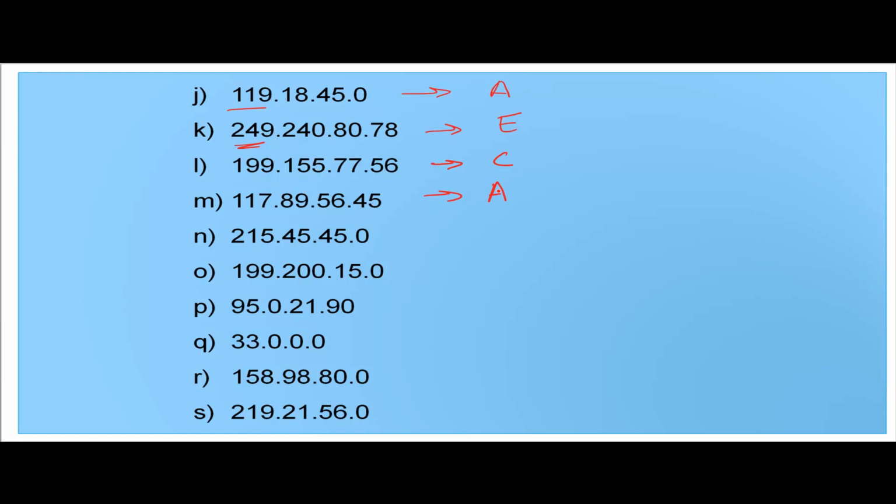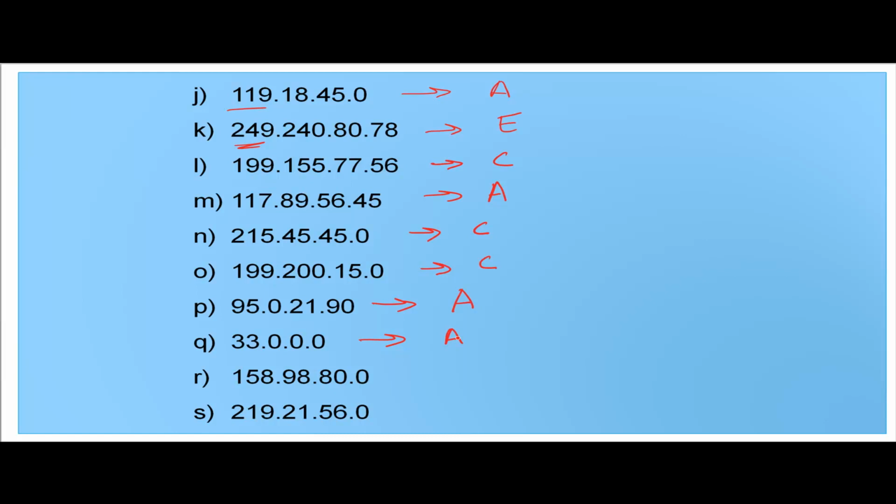215. This is a class C IP address. Then 199. This is going to be a class C IP address. 95. This is a class A IP address. 33. This is also a class A IP address. 158.